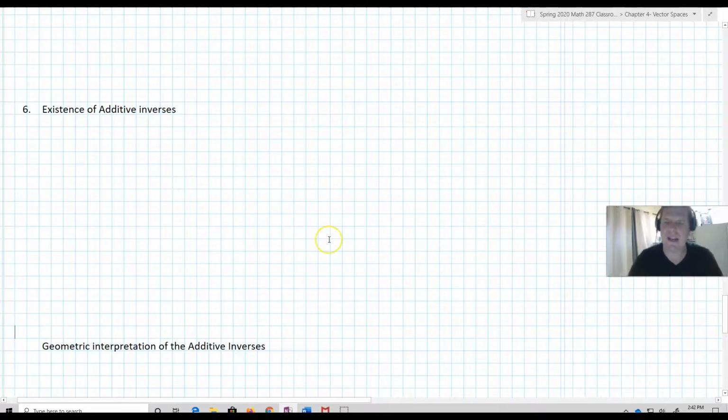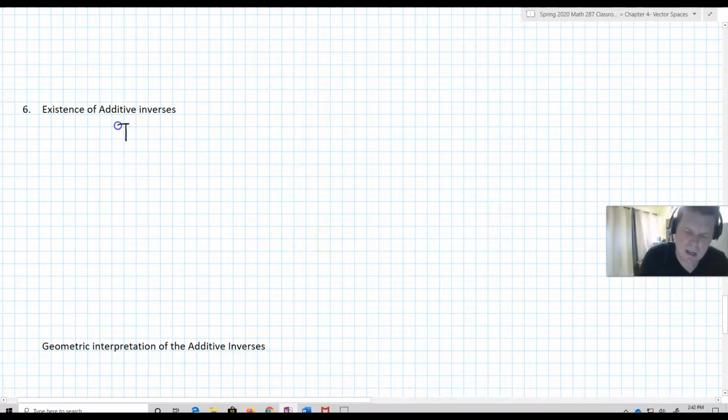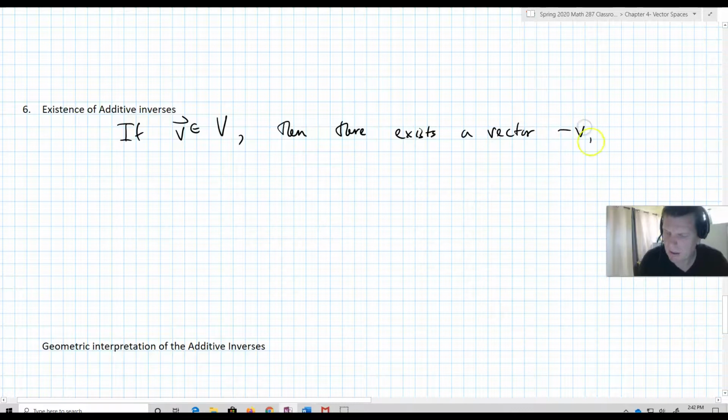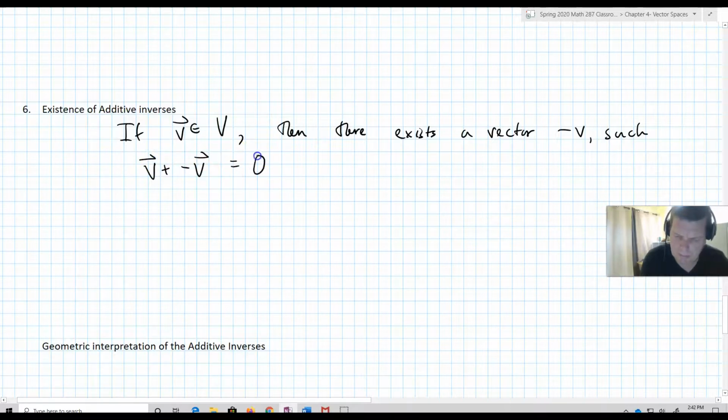Now, here's this idea of the existence of an additive inverse. If V belongs to the vector space V, then there exists a vector, call it negative V, such that V plus negative V equals the zero vector.